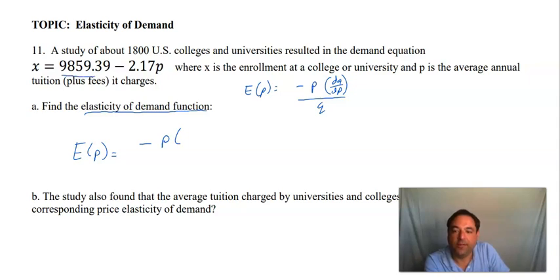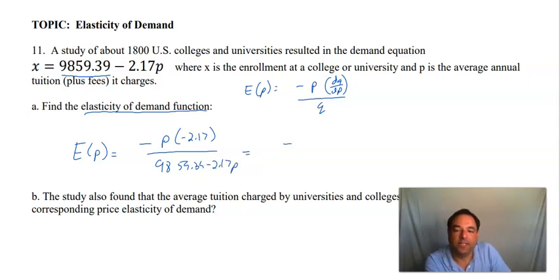The derivative of 9859.39 is 0. The derivative of negative 2.17p is negative 2.17, all over the original demand, 9859.39 minus 2.17p.